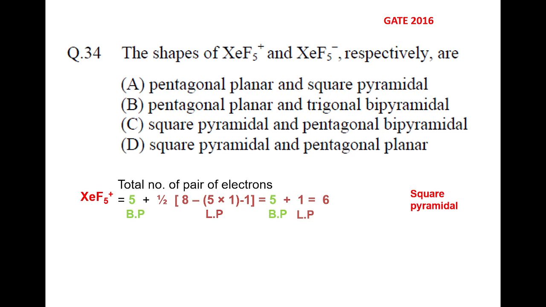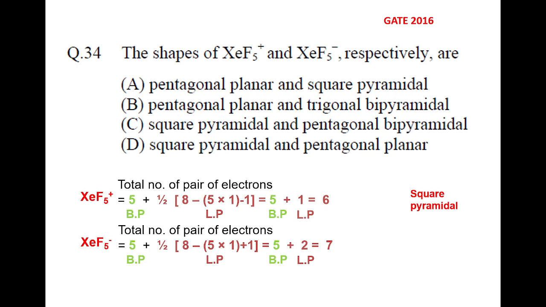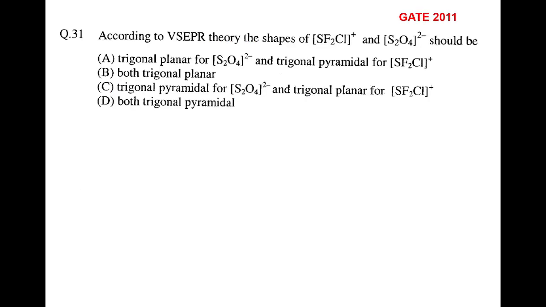If you go to the structure of XeF5 minus, you'll get 5 bond pair, 2 lone pair. The shape is pentagonal planar. So the option is nothing but D. D is the correct answer for these questions. So moving to the next question.